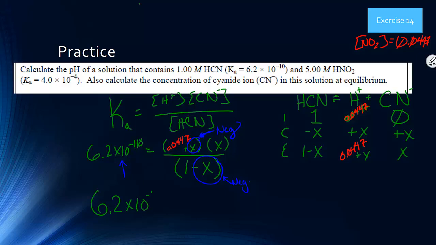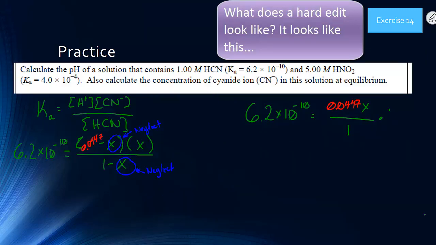6.2 times 10 to the minus 10th is going to equal our concentration of the hydrogen ion times the concentration of the cyanide ion over 1. In which case we multiply by 1 on both sides, that's obviously the same value.